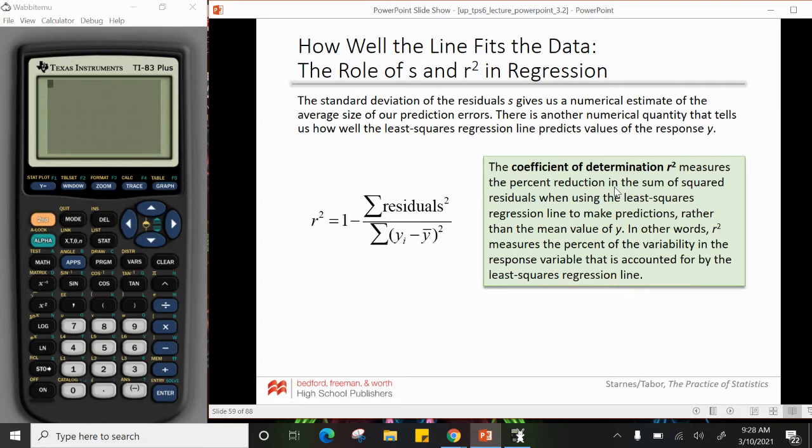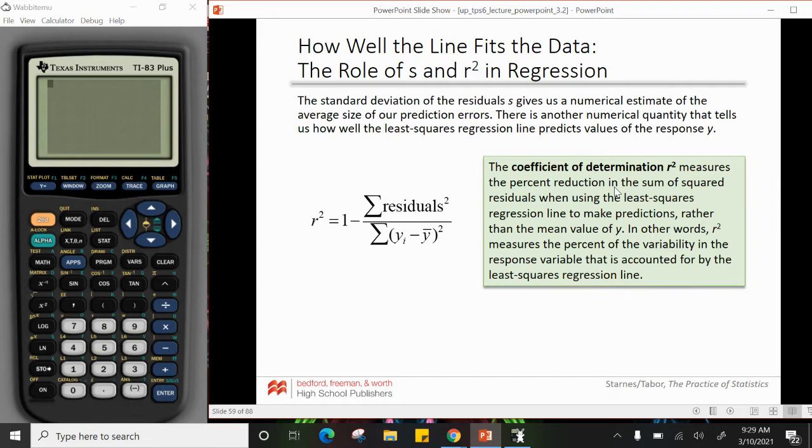R squared measures the percent reduction in the sum of squared residuals when using the least squares regression line to make predictions, rather than the mean of the value. In other words, R squared measures the percent of the variability in the response variable that is accounted for by the least squares regression line.